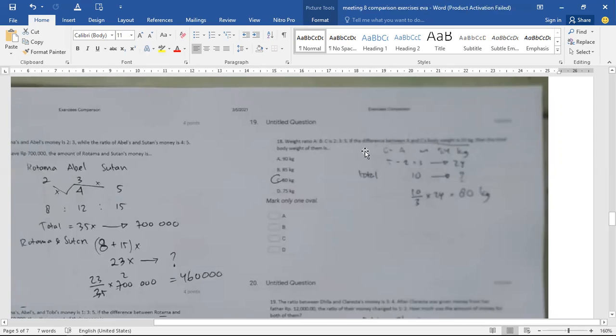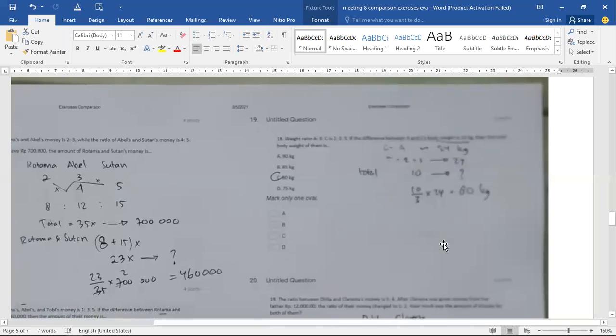How much is for 10? So the total body weight is 10 per 3 times 24. It is 80 kg.